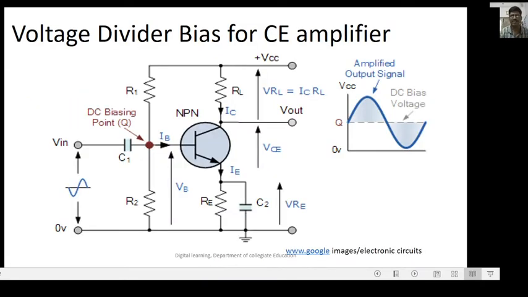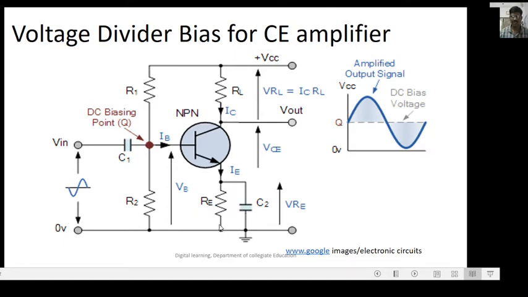The voltage divider bias for CE amplifier circuit is shown here. Here Vin is the input signal, the signal coming from an audio oscillator, a function generator, a signal generator or any such device. Here C1 and C2 are the capacitors; C1 is the input coupling capacitor, and C2 and RE are connected in parallel.